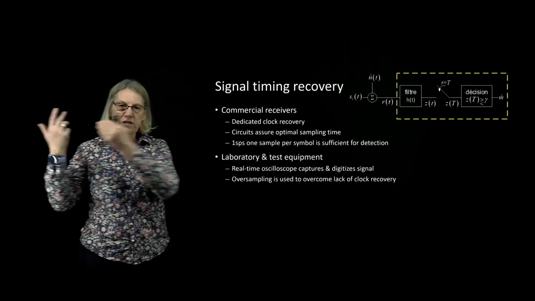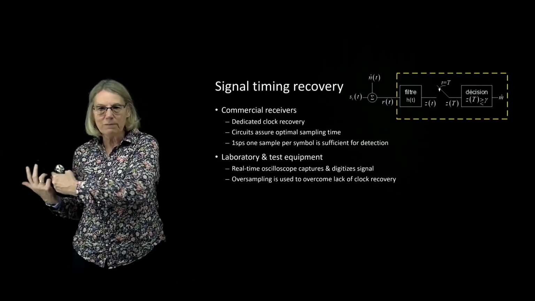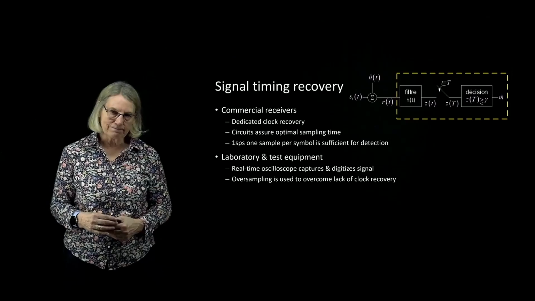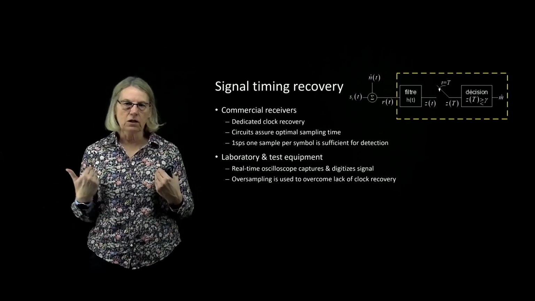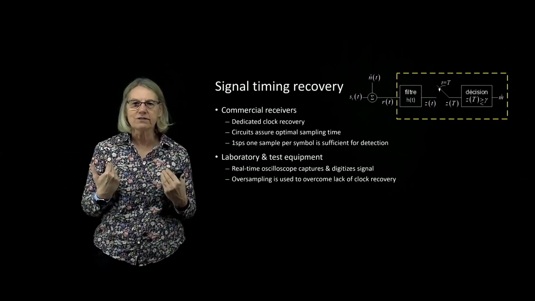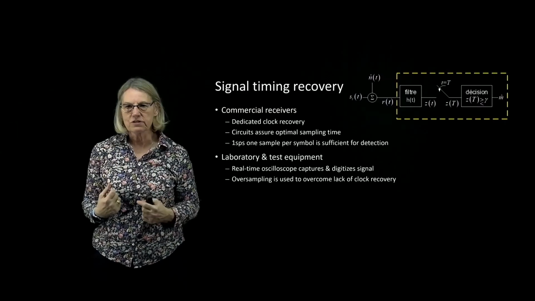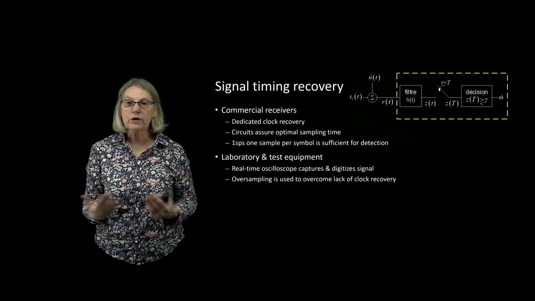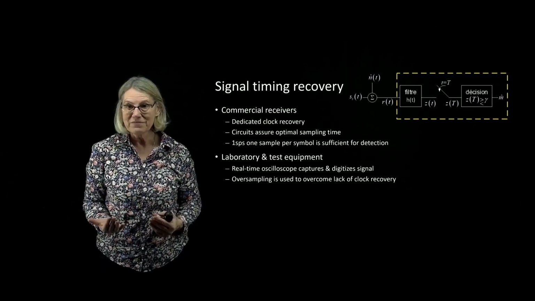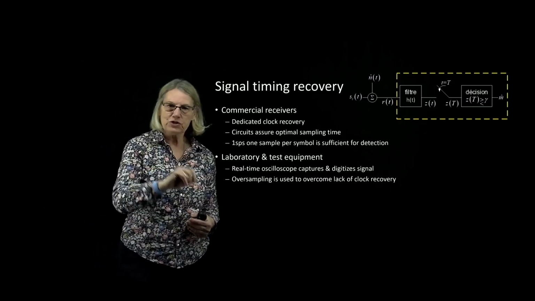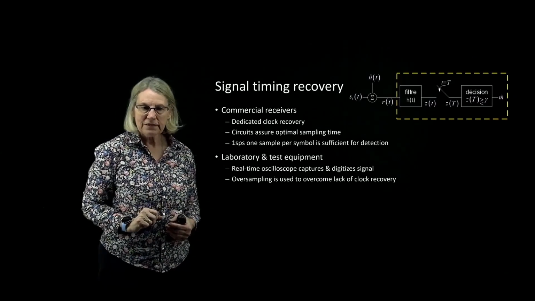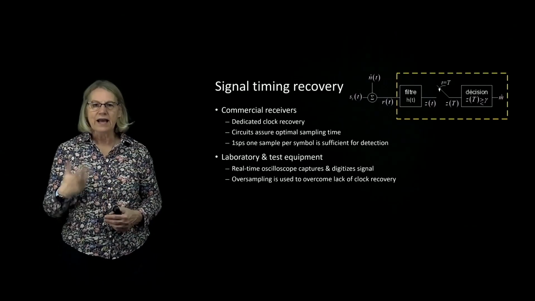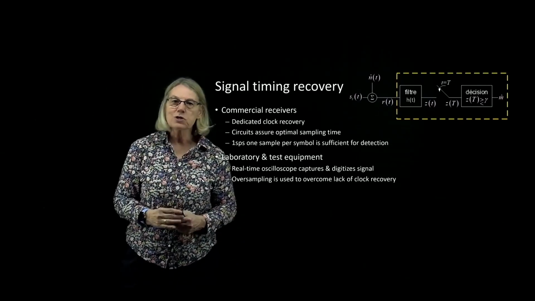However, we're going to be using laboratory and test equipment to see many of the concepts in optical coherent detection. For that reason, we have to deal with timing recovery in a way that's different from what happens in commercial receivers. So we're not going to do a formal clock recovery. We're going to exploit the CMA algorithm in order to do that. We're going to use a real-time oscilloscope that captures and digitizes my analog signal. So the first thing I do, it comes in, I capture it and I digitize it. And I'm going to use oversampling.